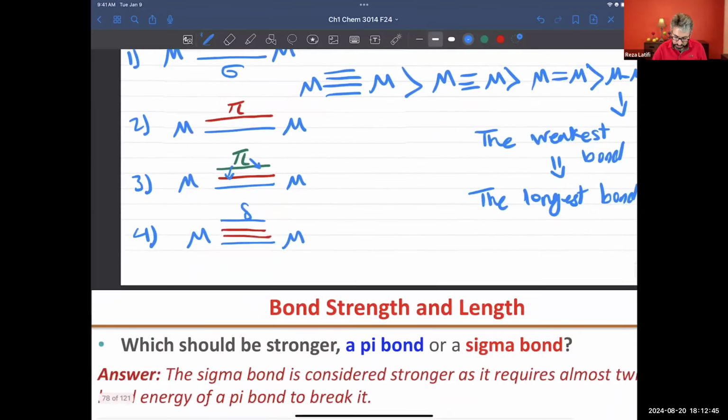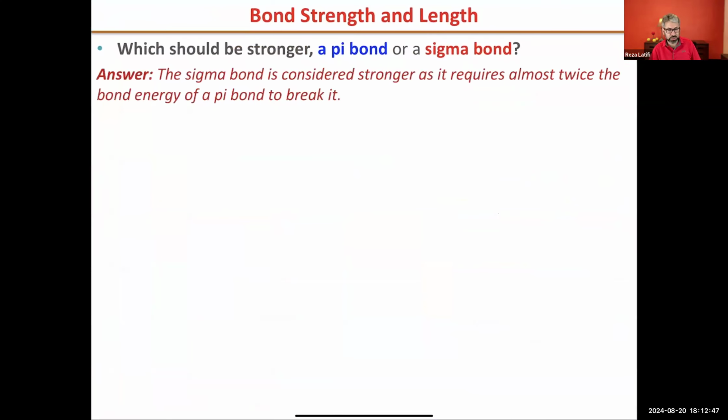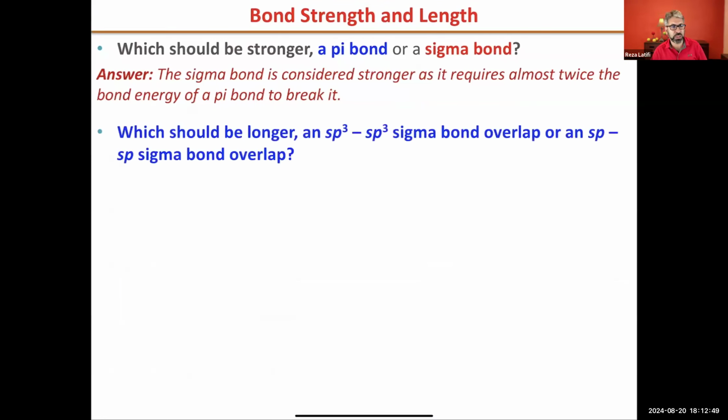We're going to switch to the second question. Sigma bond is always stronger than a pi bond. Now, when it comes to hybridization, we can have sp3 hybridization versus sp hybridization. Which bond is going to be stronger? The one that has less p character will be stronger, or technically a shorter bond.